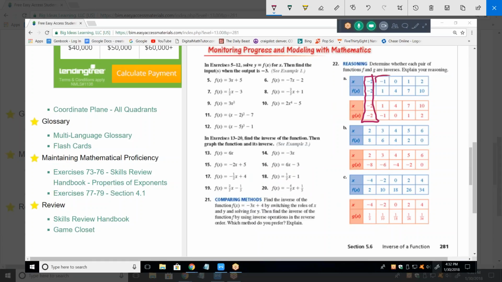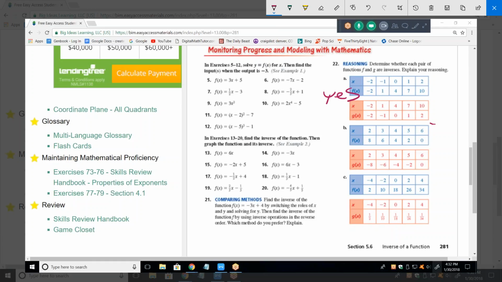They're swapped there. They're swapped there. They're swapped there, and they're swapped there. You know what I mean by that? Okay, that makes g of x the inverse of f of x. Yes, for A. I should write it up here. Yes.